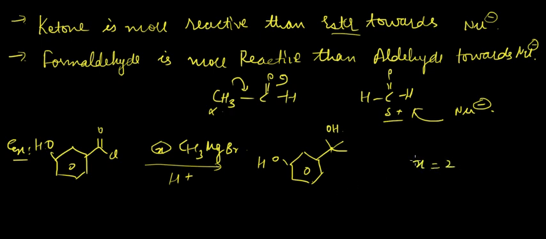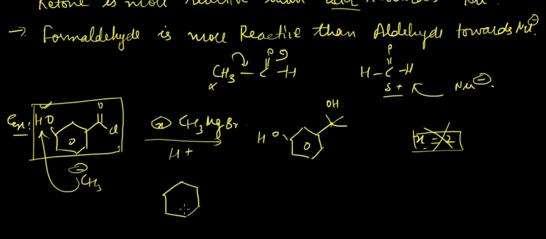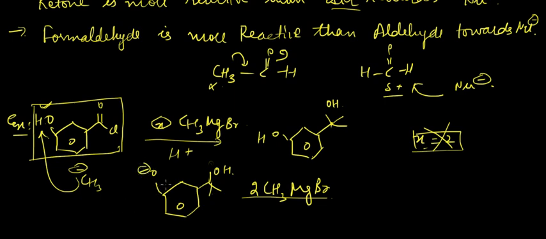If your answer is 2, then you are perfectly wrong. If you observe closely, we have OH also attached here, so this is also an acidic hydrogen. So 1 mole of CH3MgBr, CH3 minus, would also be attacking this, and it would form O minus. 1 mole of CH3MgBr was extracting H plus from this acidic hydrogen, not alpha hydrogen.